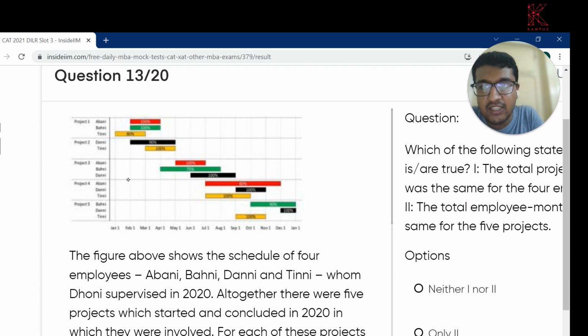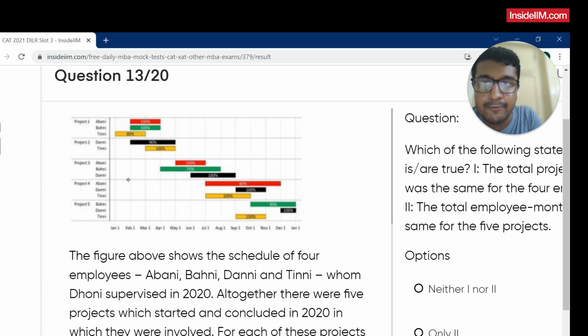So total project months of A are these 2 plus 2 plus 1, 2, 3, 4, 5. 9 months. For B, these are green bars. 2 plus 1, 2, 3, 4, 6 plus 1, 2 and 3. 6 plus 3, 9. Again, same 9.